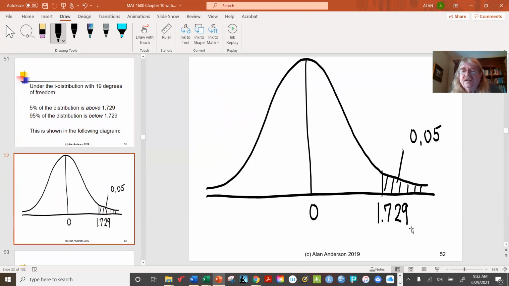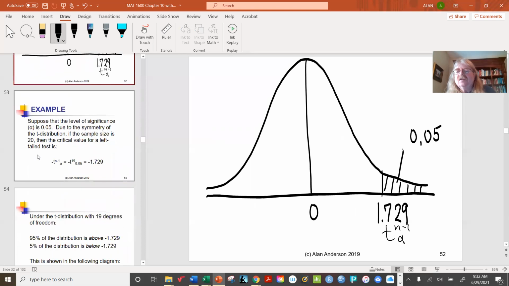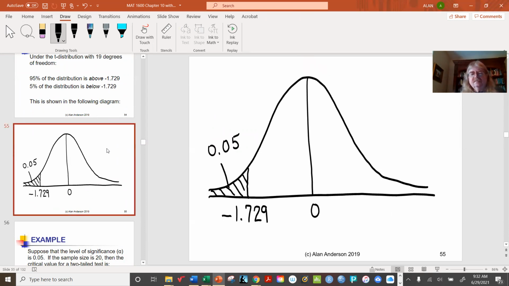So if we had a right tail test, the critical value is 1.729 because now 5% is in the right tail. If we have a left tail test, we just move to the other side. Because of the symmetry of the distribution, we're going to have negative 1.729 in the left tail.